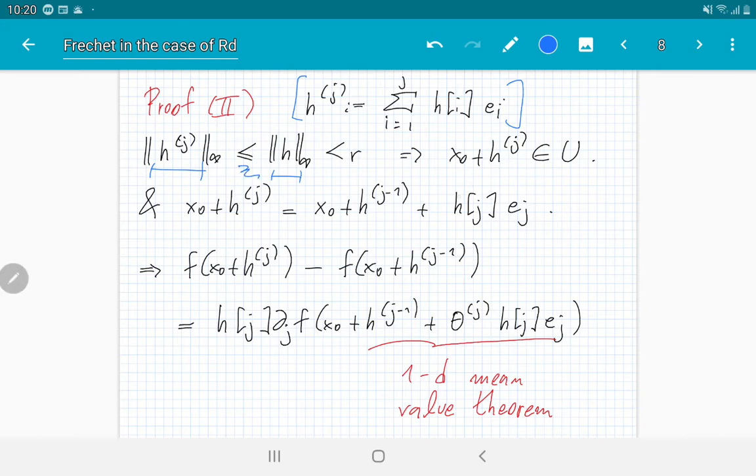Meaning that if we have this, then we guarantee not only that x_0 + h belongs to U, but x_0 + h_j belongs to U for all j. And moreover, as I mentioned, we can move from x_0 + h_{j-1} to x_0 + h_j by changing a single coordinate. So we have a change like this.